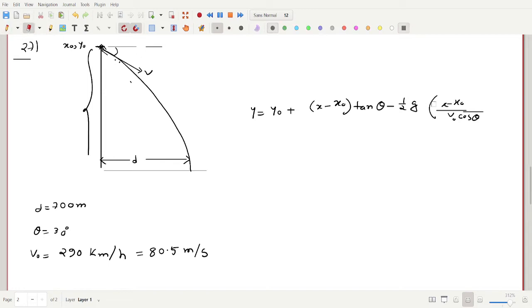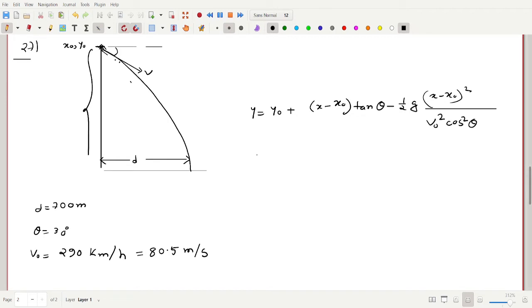Sorry, this is the equation for trajectory, but we have to check whether we need it or not. Okay, so first of all we need this height, and how can we find it?